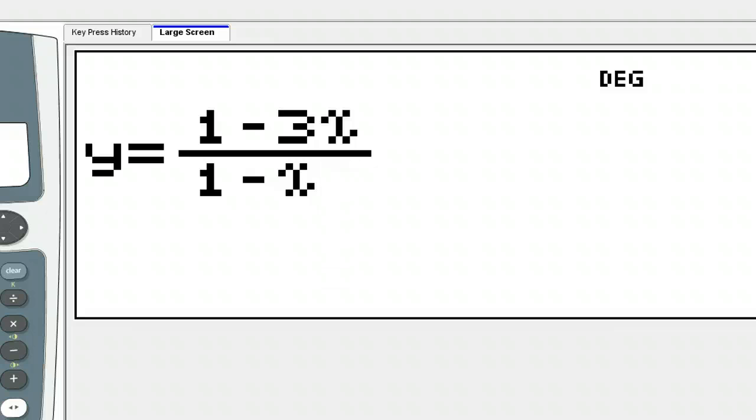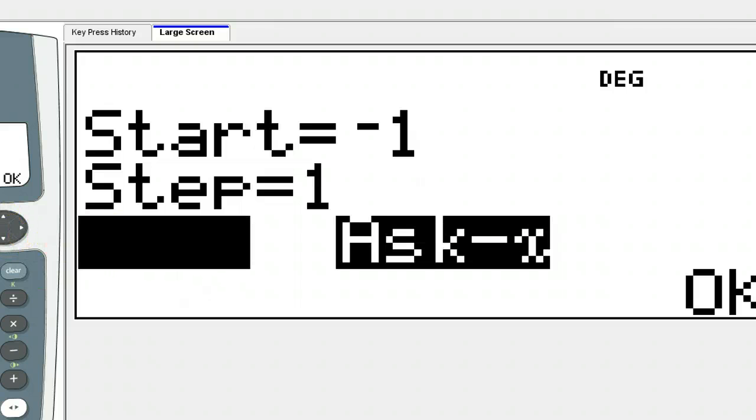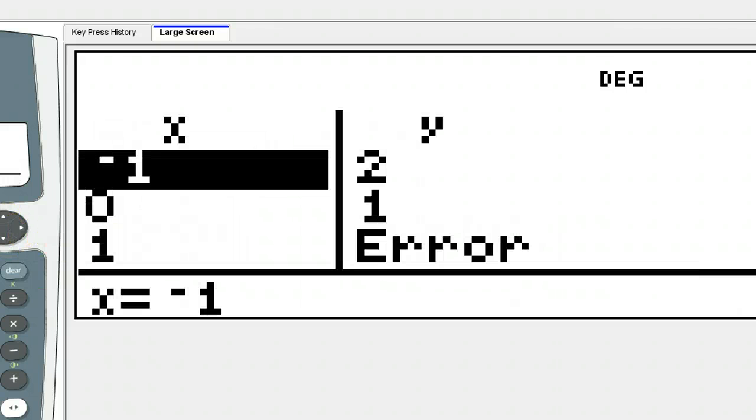Again, 1 minus 3x over 1 minus x. Let's take a quick look at this. I'm going back to auto mode for now. So that's how we can get to this table of values.